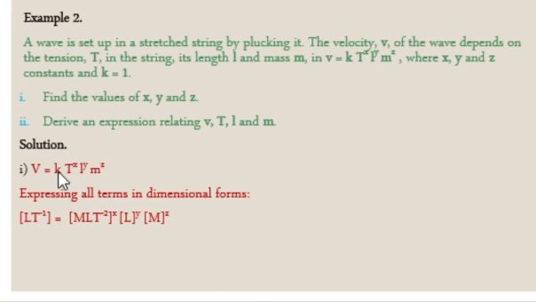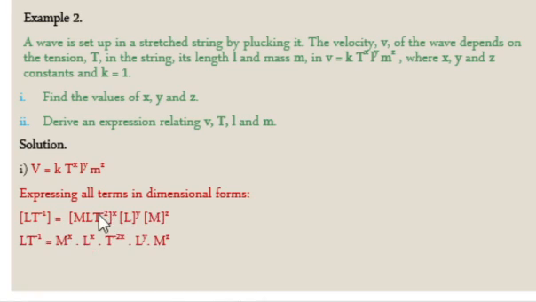Let me say a constant has no dimension, so you delete it. The dimension of T is given as tension. Tension is an example of a force, and the dimension of a force is M L T to the power minus 2, raised to the power x, times the dimension of L, which is capital L raised to the power y. The dimension of m is capital M raised to the power z. Alright, so it's simplified further by opening the bracket.